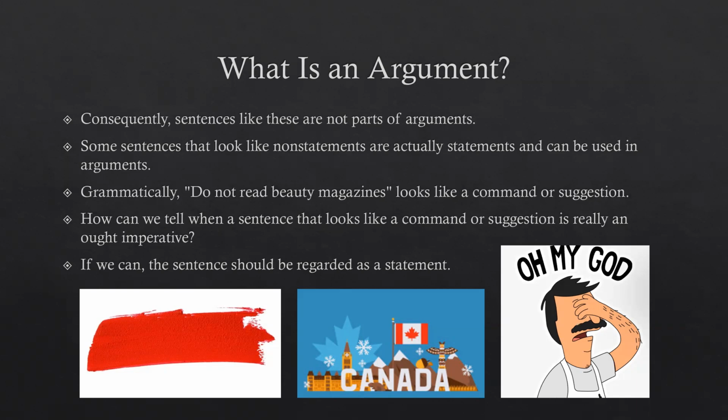Imperative sentences are not statements if they are intended as orders, suggestions, proposals, or exhortations, but they are statements if they are intended as pieces of advice or value judgments about what someone ought or ought not to do.